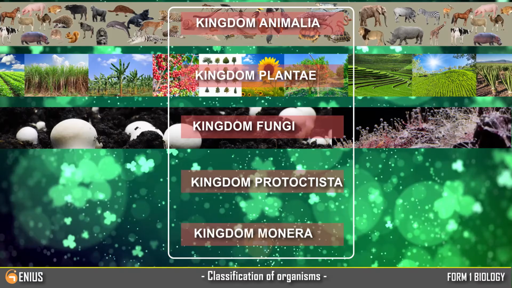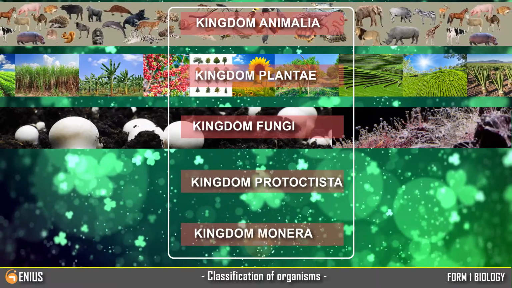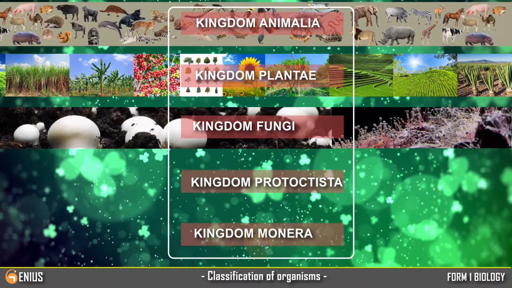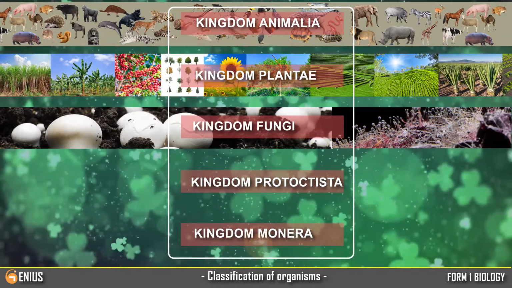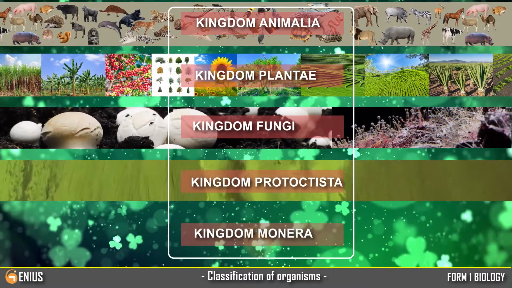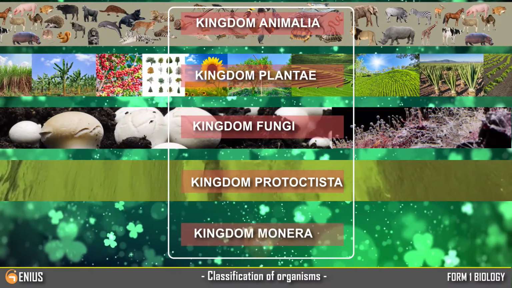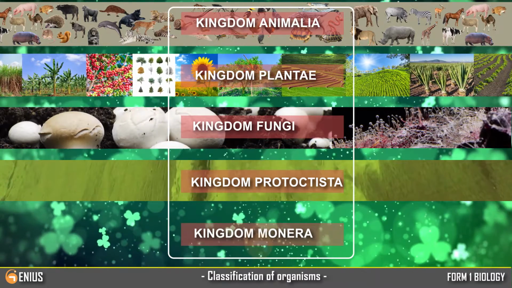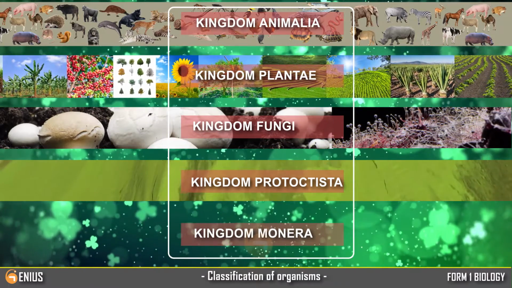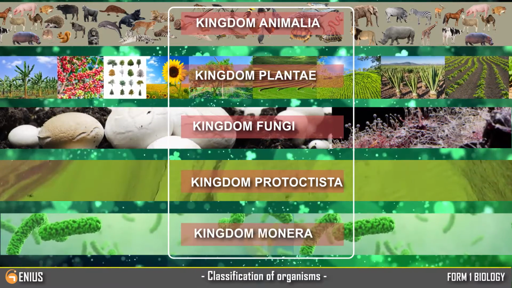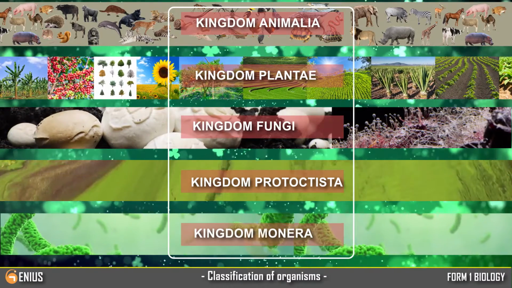Kingdom Fungi, which comprise molds, yeasts and mushrooms. Kingdom Protoctista, whose members include algae and protozoa. Kingdom Monera, whose members are bacteria.